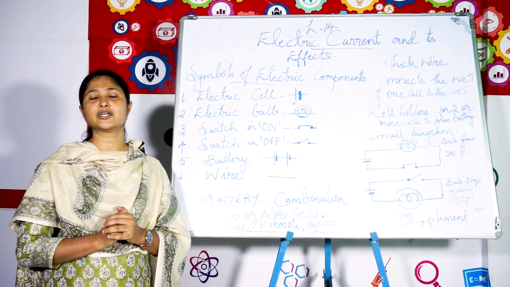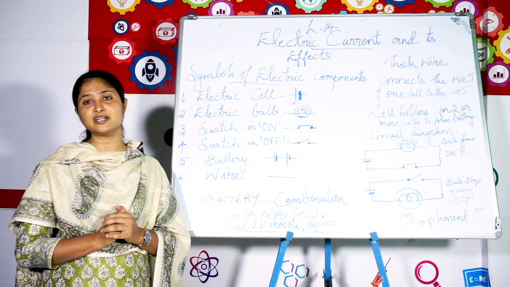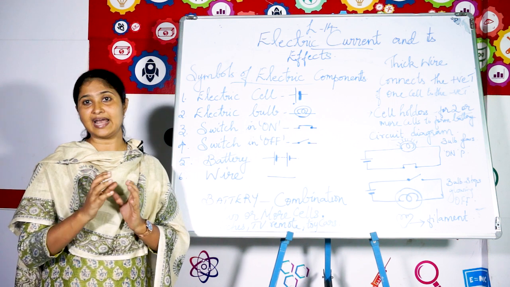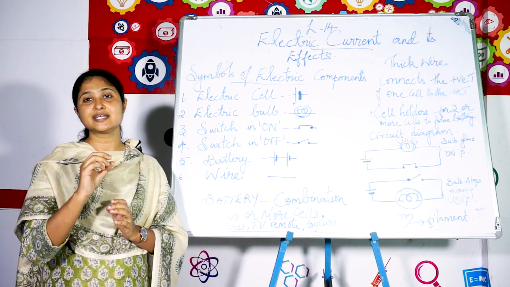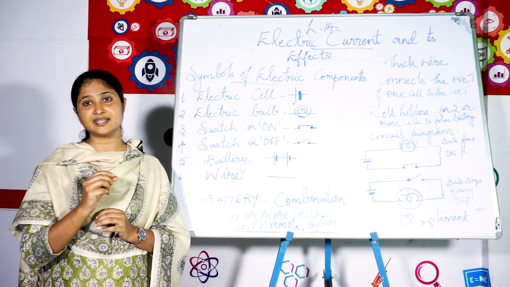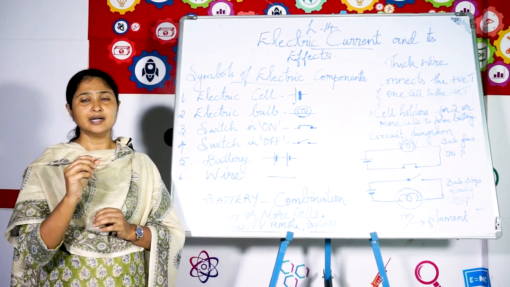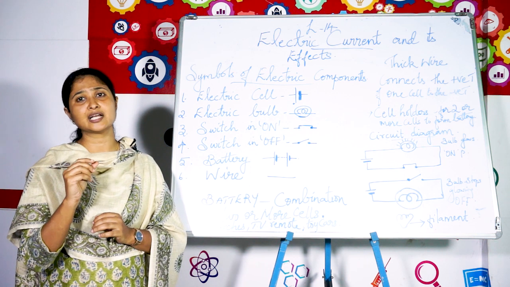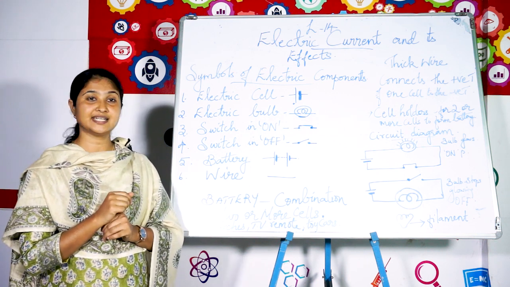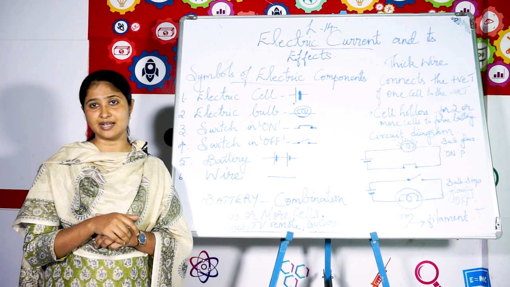When you draw a circuit diagram, it will be difficult for you to draw the bulb, the cell and everything. So we use certain symbols to represent the electric components. The first one we are going to study is the electric cell.